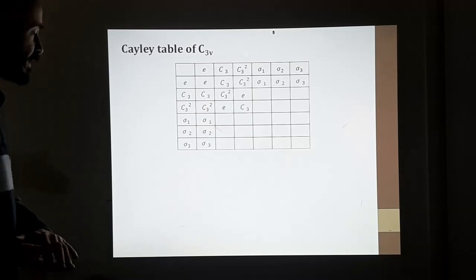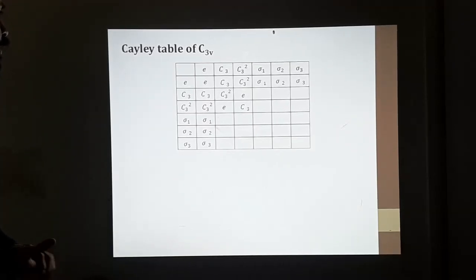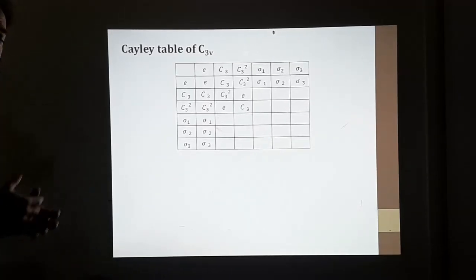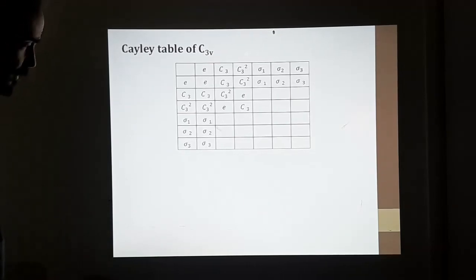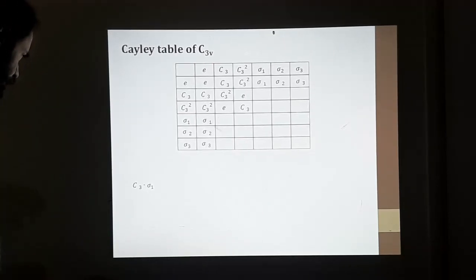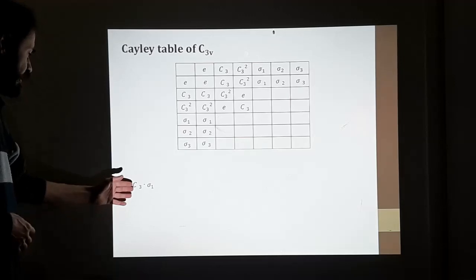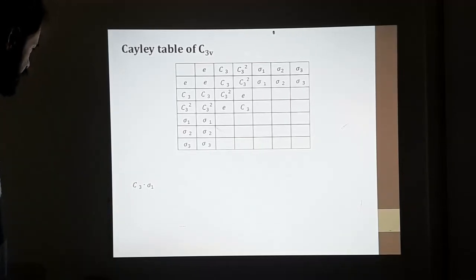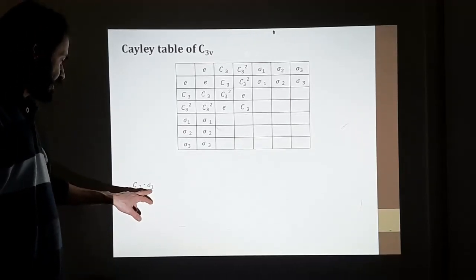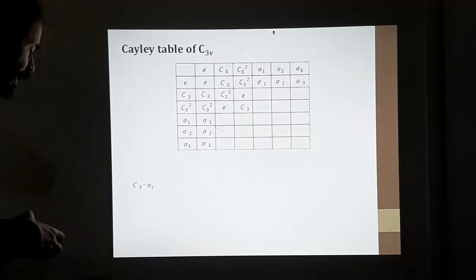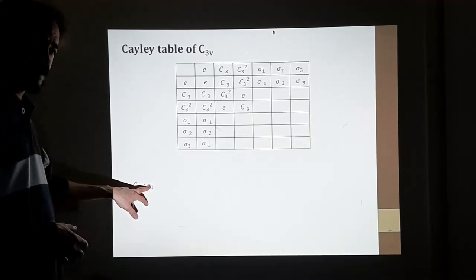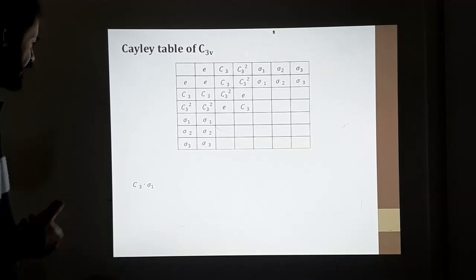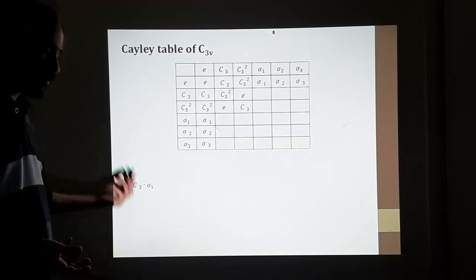Now, if I want to calculate C3 multiplied by sigma 1, for example, I can do it using the geometrical representation or using the product of the permutations. I will show you using the geometrical representation. C3 multiplied by sigma 1 means that I apply first the reflection sigma 1 on the object, and then I rotate the object by C3.